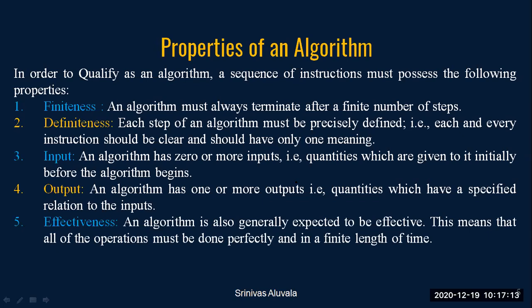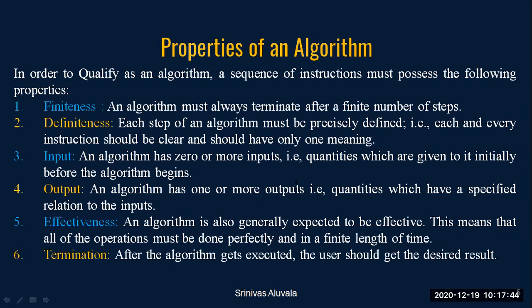That means the evaluation of expressions needs to have perfection in it. That's what we call the effectiveness of an algorithm. We write an algorithm, we write a step, but that step doesn't give an effective result. That step doesn't function giving us a better result. Then it is not an effective step. When there is no effectiveness, it can't be called an algorithm.